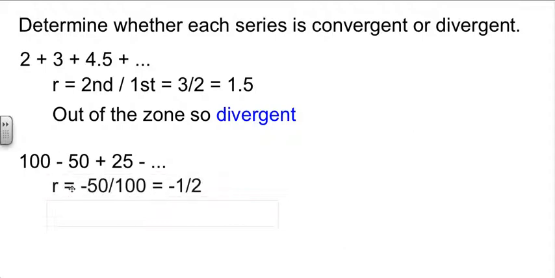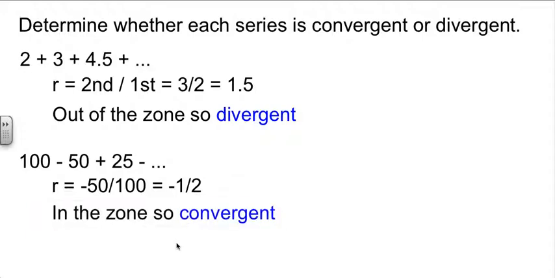Well, r is still second term, -50, divided by first term, 100, which is -1/2. That's in the zone, so we would report this series to be convergent. It will get to an answer.